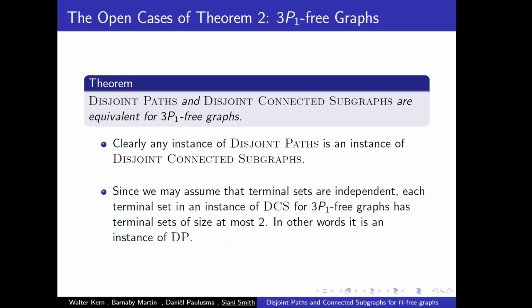First we show that disjoint paths and disjoint connected subgraphs are equivalent for 3P1 free graphs. This is straightforward. Any instance of disjoint paths is an instance of disjoint connected subgraphs. And since we may assume that our terminals are independent, if our graph is 3P1 free, then our terminal sets must have size at most 2. So in other words, we're looking at disjoint paths.